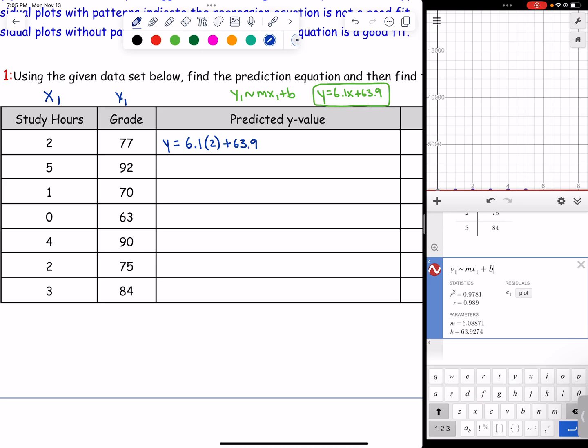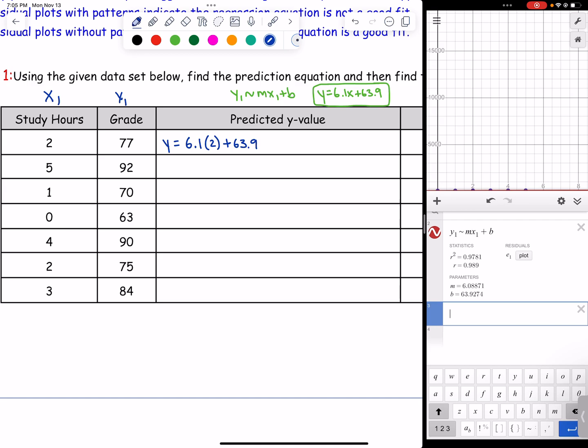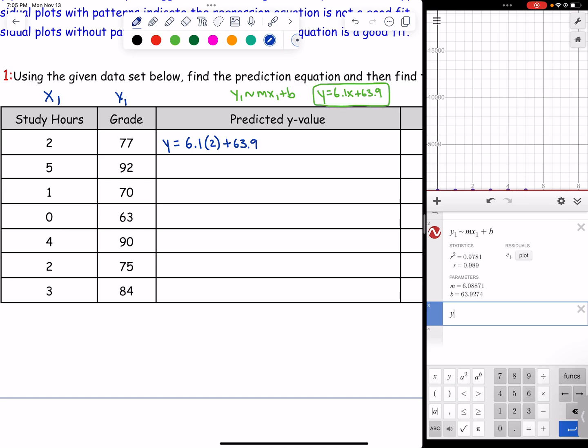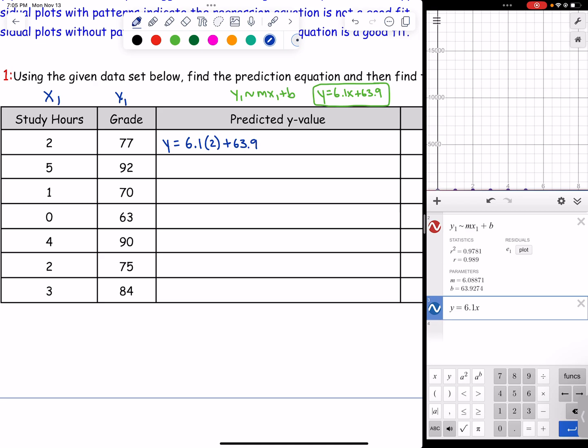And if we studied for, so let's figure that out. Now what we can do to help ourselves save some work is type in our prediction equation now that we have it. So 6.1x plus 63.9. And then just replace the x.